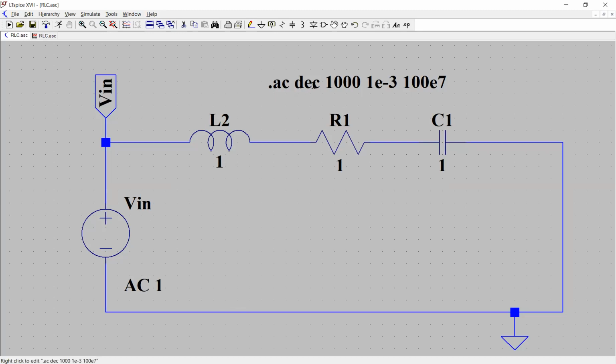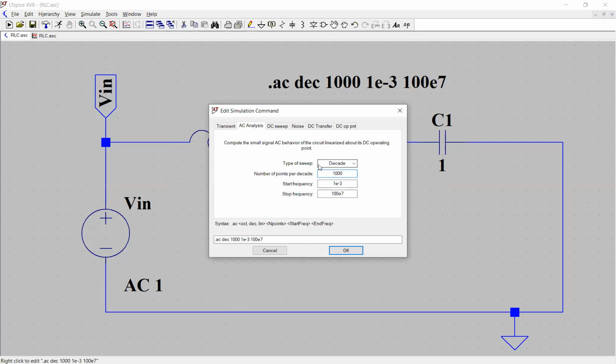From here, we take the type of sweep to be decade, and the number of points thousands. We can't start with zero frequency in SPICE. So we use a very low frequency near zero, 1 millihertz, and go up to, let's say, 1000 megahertz frequency response to be plotted.